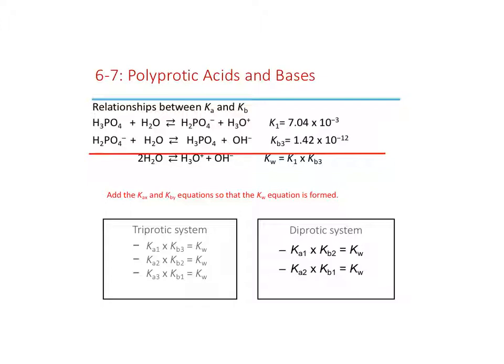And so just crossing out the things we can, we get rid of H2PO4 minus, we get rid of H3PO4, and we have an expression for Kw. And so that means that K1, the acid dissociation constant for phosphoric acid, times Kb3, the base equilibrium for H2PO4 minus, multiplied together gives you Kw. So we can always work out one of these dissociation constants from the other one.